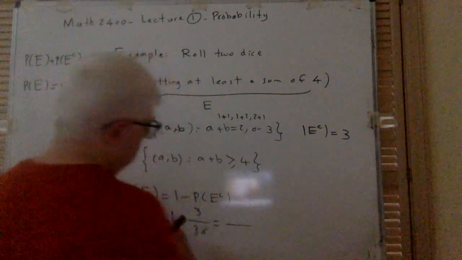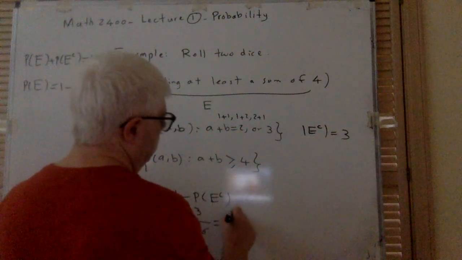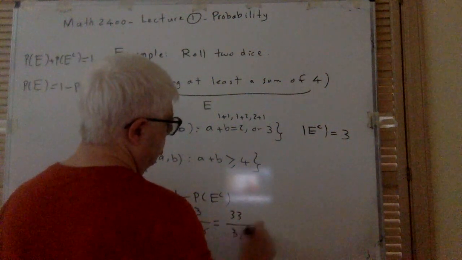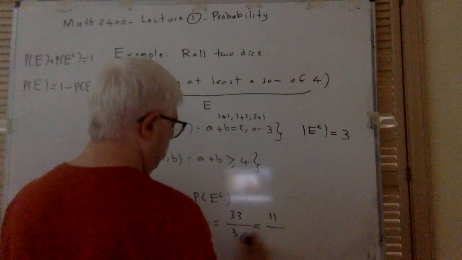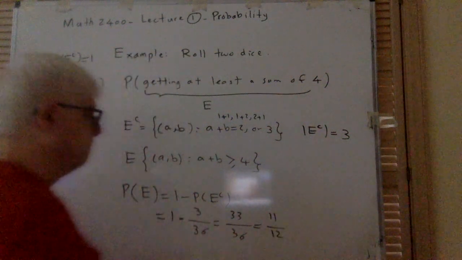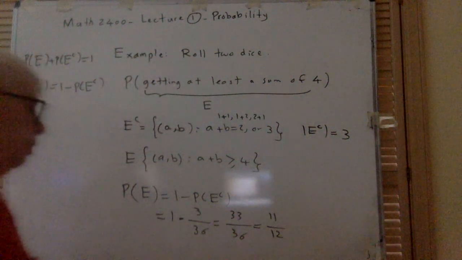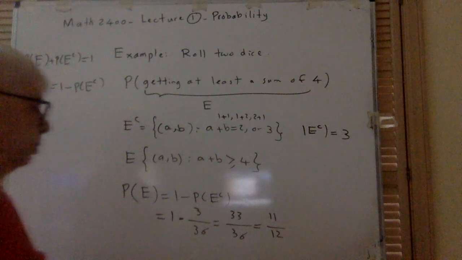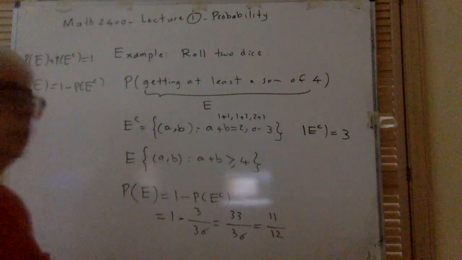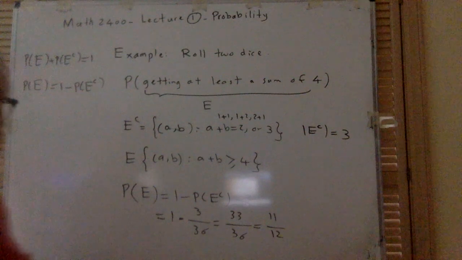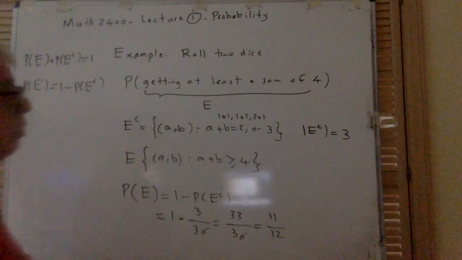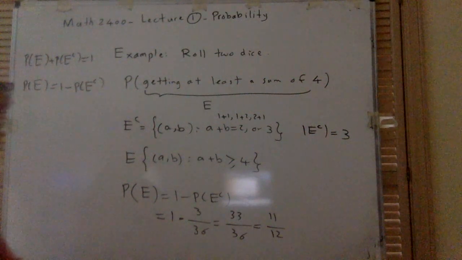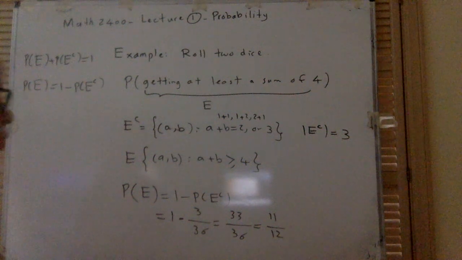That is 36 minus 3, that is 33 over 36, which is 11 over 12. Okay. That's a high probability, right? So getting a sum of at least 4 is 11 over 12.